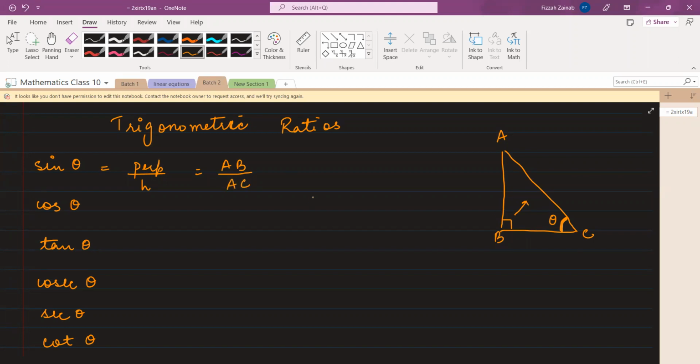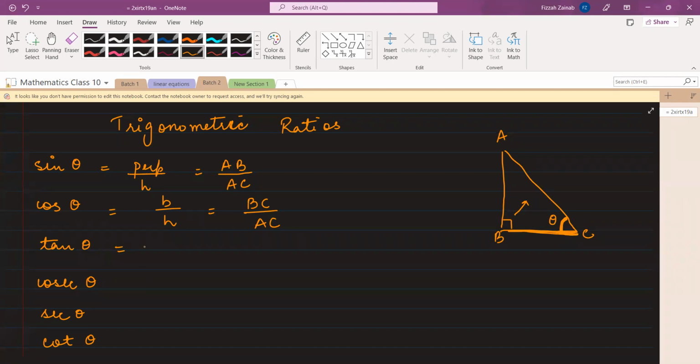Is that clear? Okay. Cos theta is base by hypotenuse. Now what is base here? Because you are taking this angle theta, one of the legs of this angle will be called base, right? So base will be BC divided by AC. Fine, Eman?